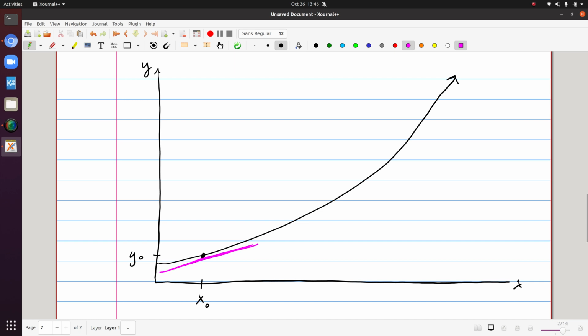That would look something like this. And that means if I wanted to follow along that tangent line to, let's say, x1, then the estimate of the solution function there would actually be this point on my pink line. So this would be our estimate of y1. Of course, the true value is a little bit above that.